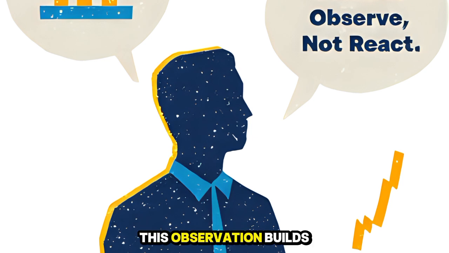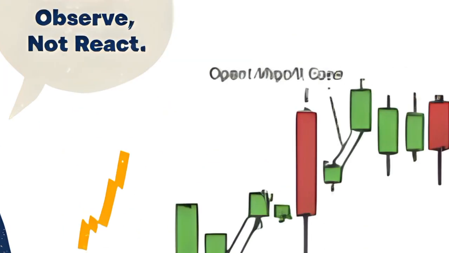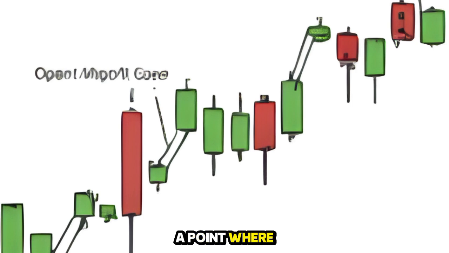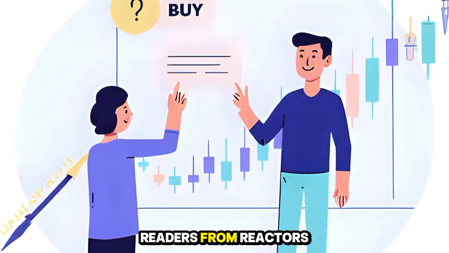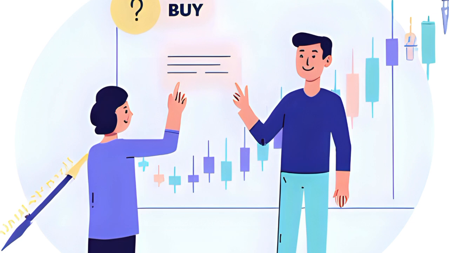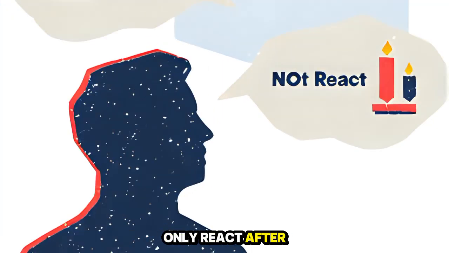This observation builds intuition. You will reach a point where just by looking at the chart, you can sense pressure building before the move even happens. That's what separates traders from reactors. Those who see what's coming versus those who only react after it happens.